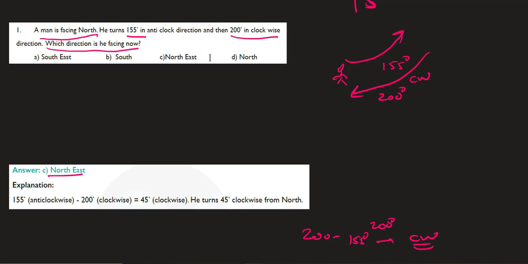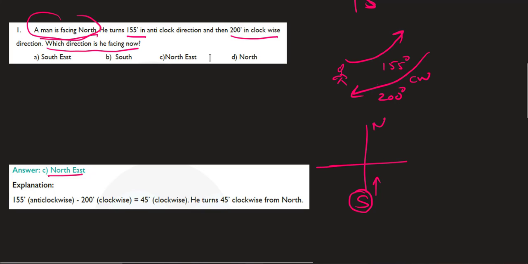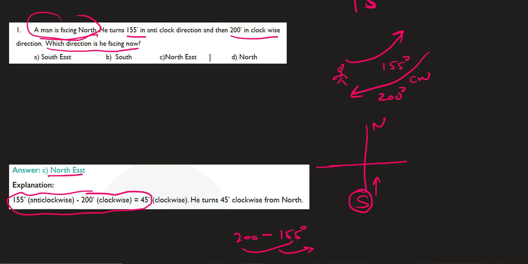So the answer is simply northeast. If you take the net effect, first of all, the person is facing the north, that means the person is in the south. Then only he can face the north. So he is in the south, and from the initial position south, he turns 155 degrees anti-clockwise, and then 200 degrees clockwise. So the net effect is 200 clockwise minus 155 anti-clockwise, that means the net effect is 45 degrees clockwise.